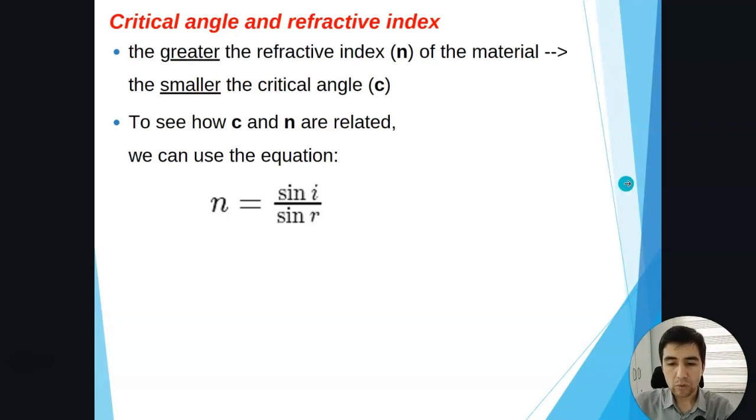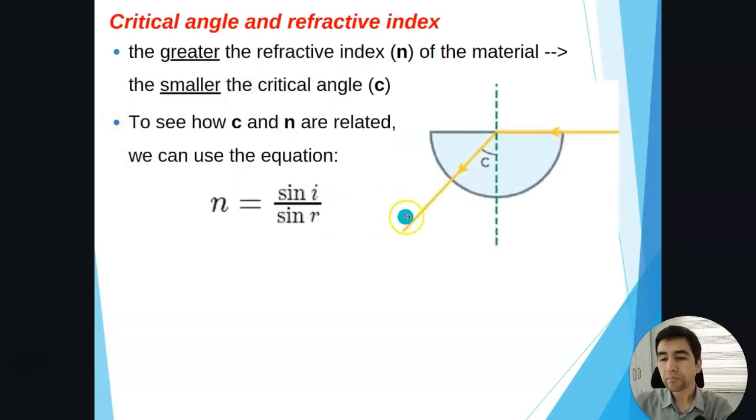What was it? n equals sine i over sine r, sine of angle of incidence over sine of angle of refraction. Now take the particular case of the semicircular glass block, or any other material, where we have a ray coming and refracting on the just-boundary case, so that angle would be critical, right?